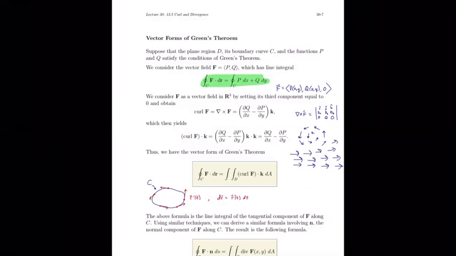Now let's take the curl of F after we embed F, the vector field, in R3, by just simply appending a 0 to its third component. So we started, F was just P and Q, and we just say, okay, we can embed this two-dimensional vector field in R3 by just saying that its third component is 0.